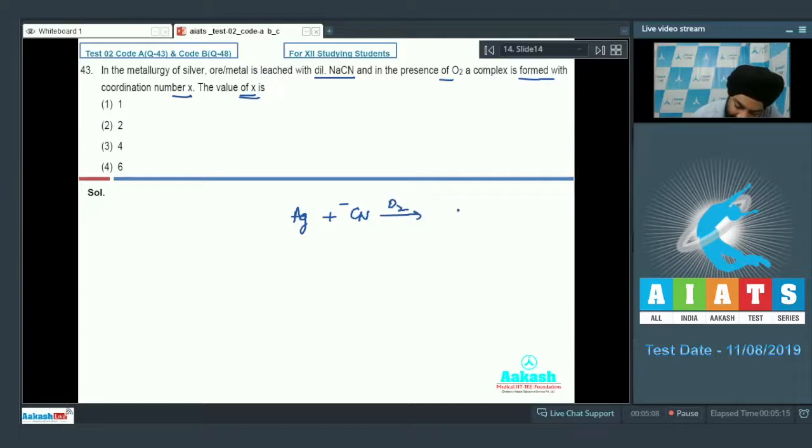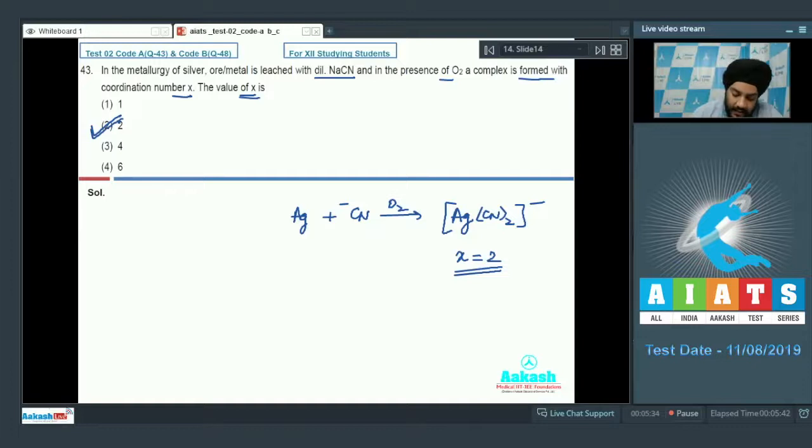So in this case, we have the formation of a complex [Ag(CN)2]-. The O2 will oxidize Ag to Ag+, and then CN- will complex with the Ag+ ions to form this complex. So we can clearly see that the coordination number of Ag in this complex is equal to 2. So students, for this question, we have to mark the correct answer as option 2.